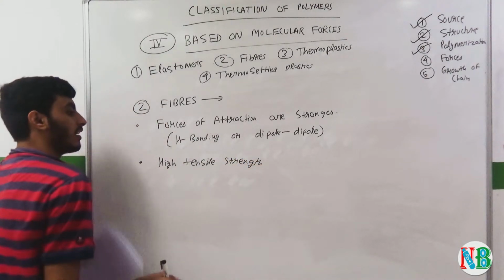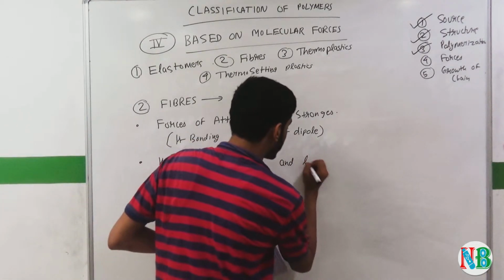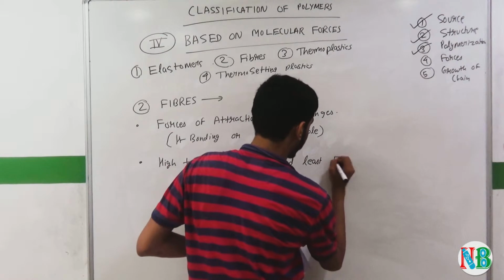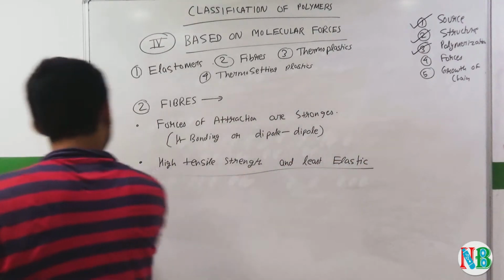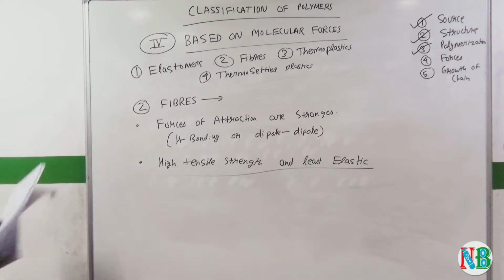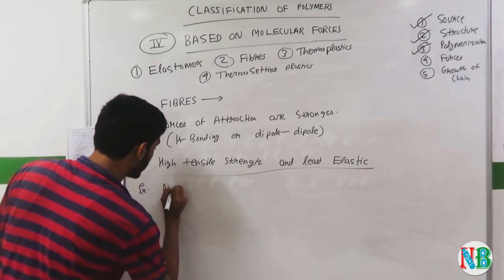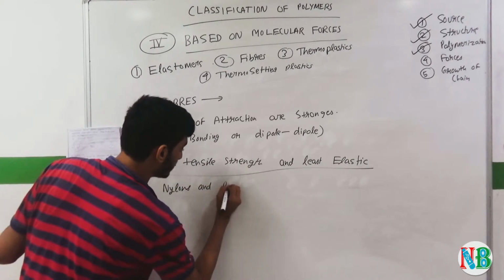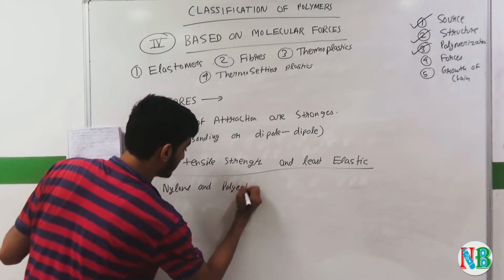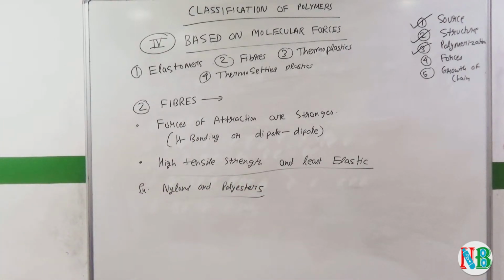But as they have higher strength, they are least elastic. The example under this section is nylon, and the fibers are also over.